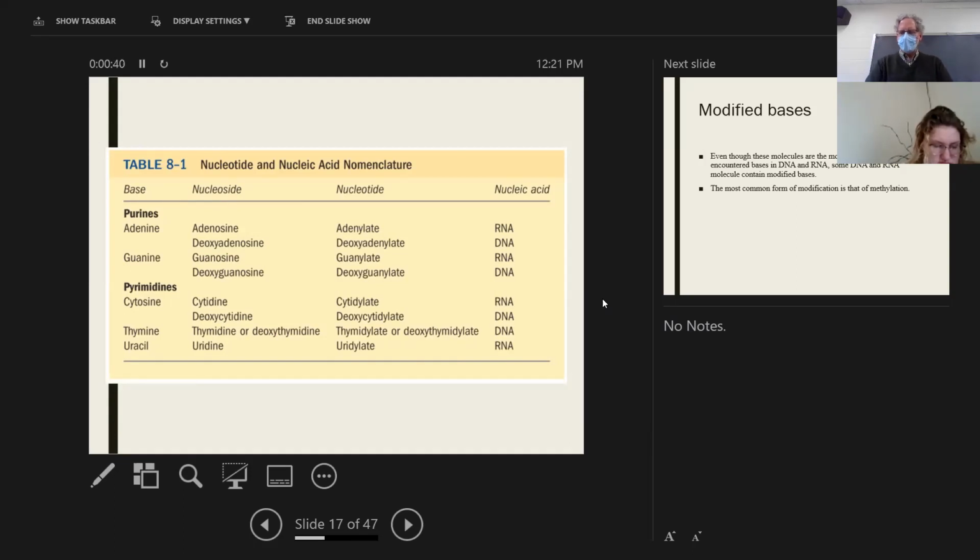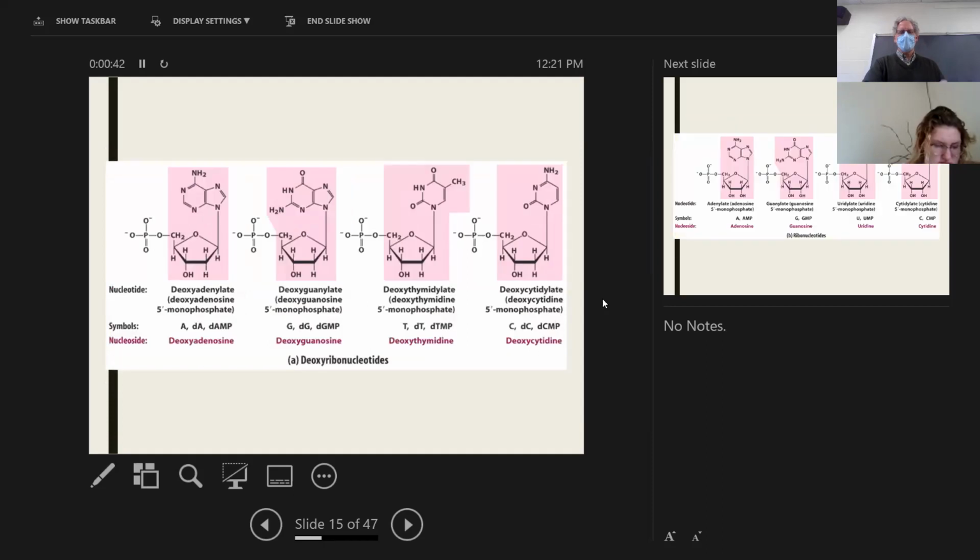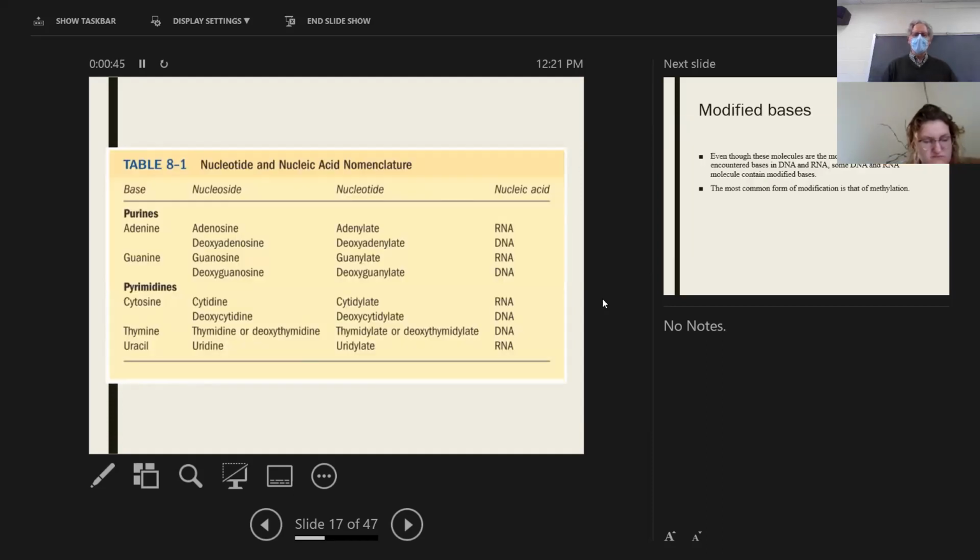Amen. All right, so we looked at the naming of nucleotides. This table from your book, table 8.1, shows you essentially a summary of the names of the different nucleosides and nucleotides. So adenosine is the nucleoside. The nucleotide is adenylate. Adenosine, adenylate.